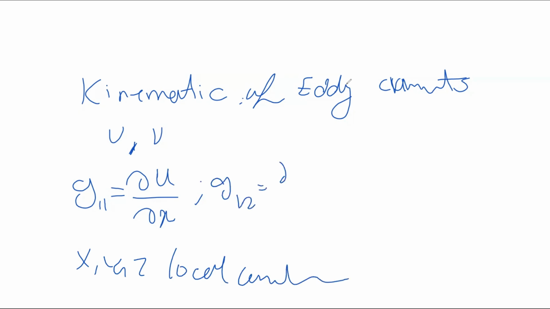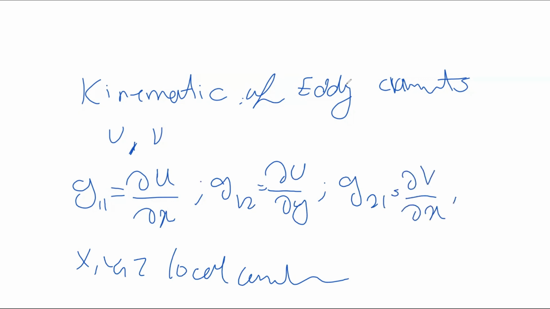G12 is the derivative of U with respect to Y, and G21 is the derivative of V this time with respect to X, and G22 is the derivative of V with respect to Y.